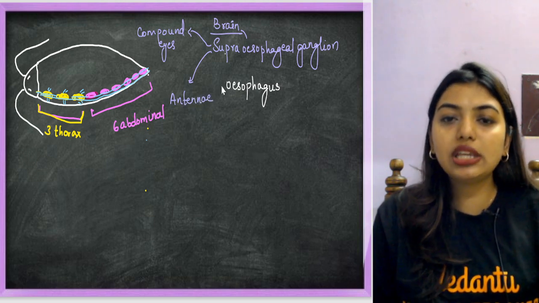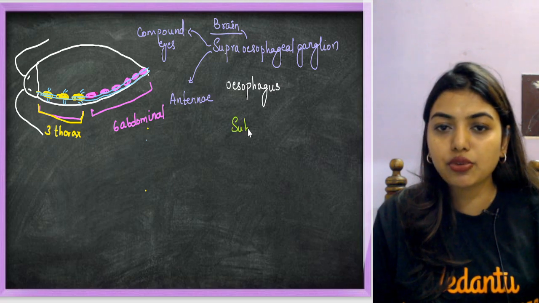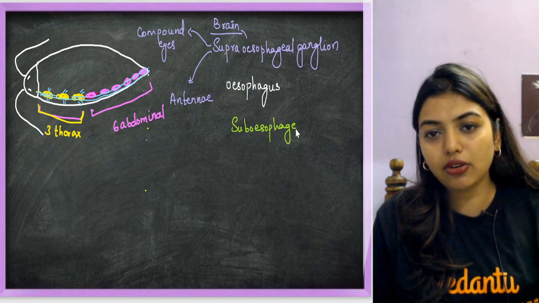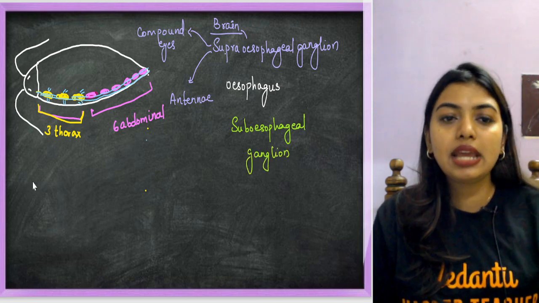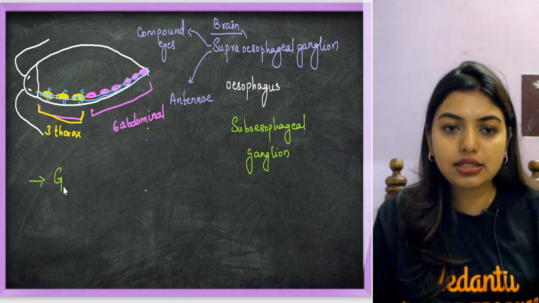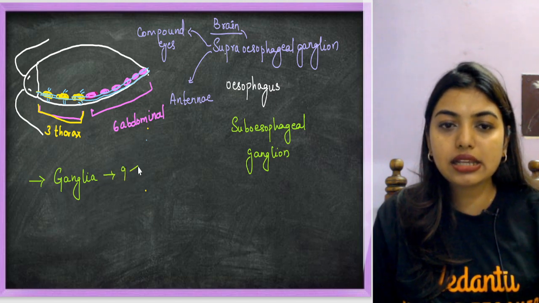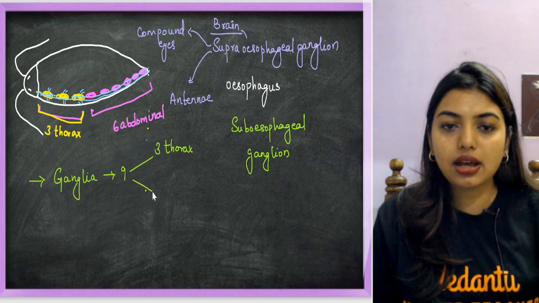Below the esophagus, whatever is going to come, what will I call it? Subesophageal ganglion. Yes or no? So the nervous system is made up of ganglia, and they have a total of 9 ganglia, out of which 3 are in the thorax and 6 are in the abdomen.